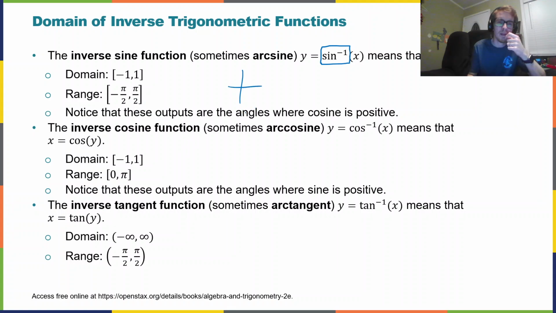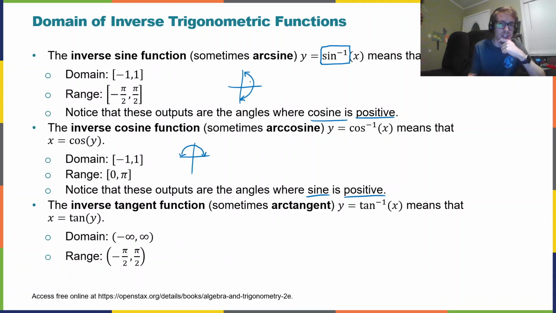This restriction for our angles is actually values where the cosine is positive. It's not a coincidence. The inverse cosine function has a domain of -1 to 1 and a range of 0 to pi, and these are values where the sine is positive.